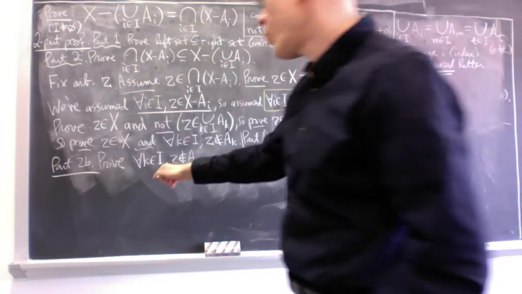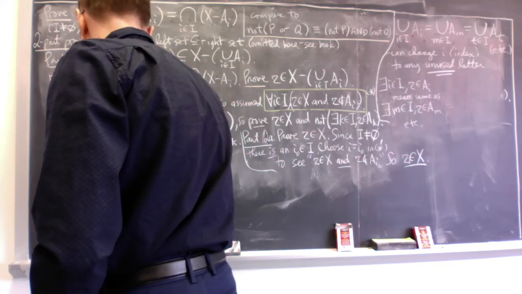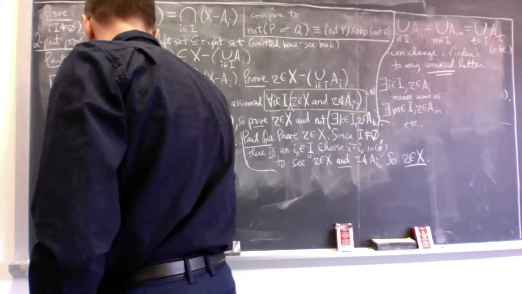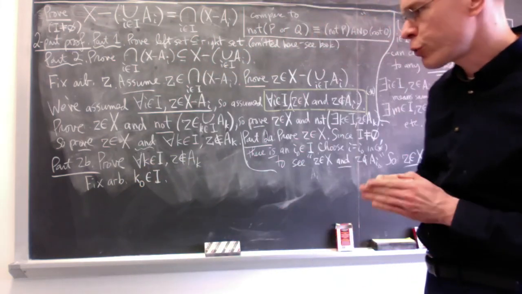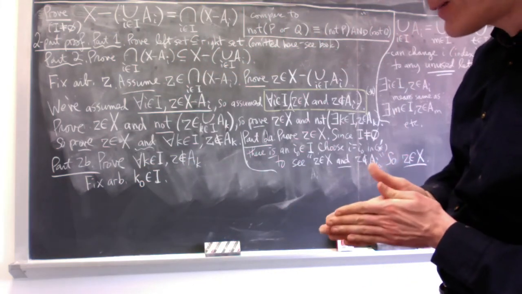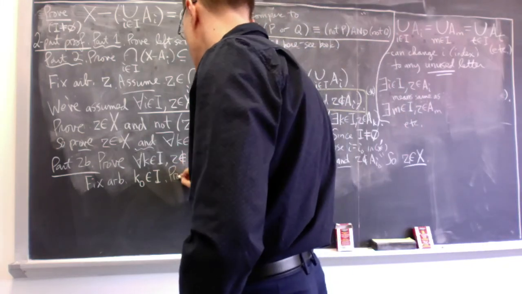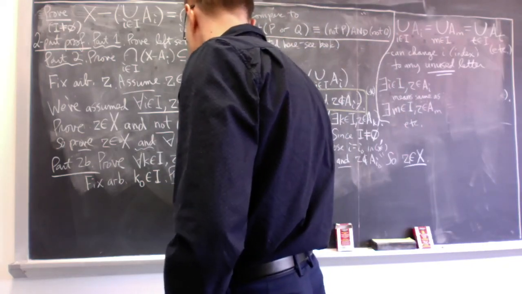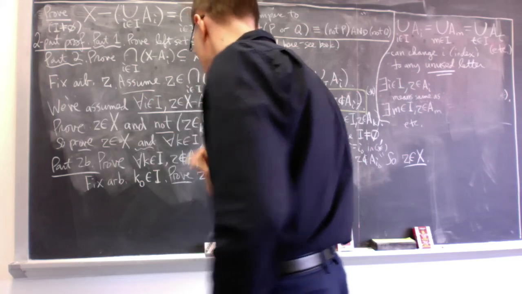So in this goal, we go on with the proof template. Fix an arbitrary, let's call it k naught in I, to emphasize the variable has been replaced by a particular generic constant in the index set, k naught. We have to prove that z is not a member of A sub k naught.